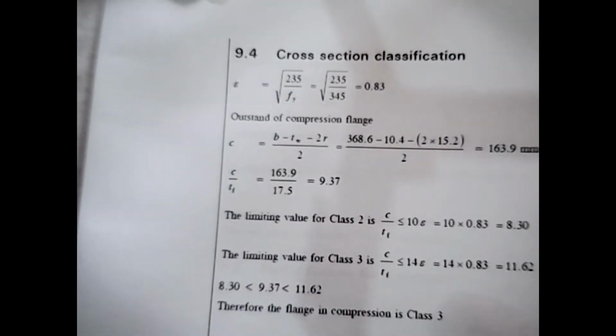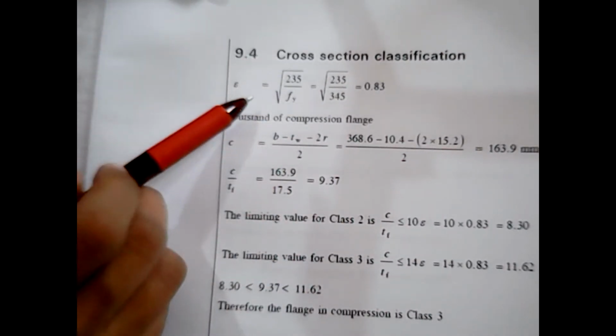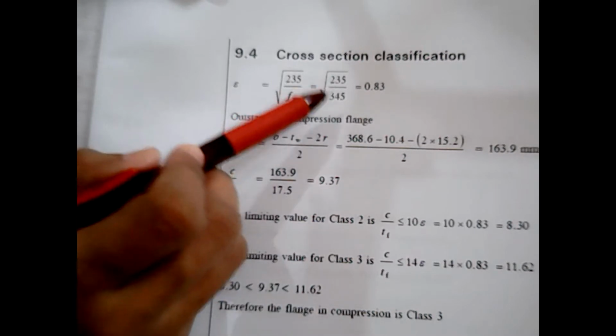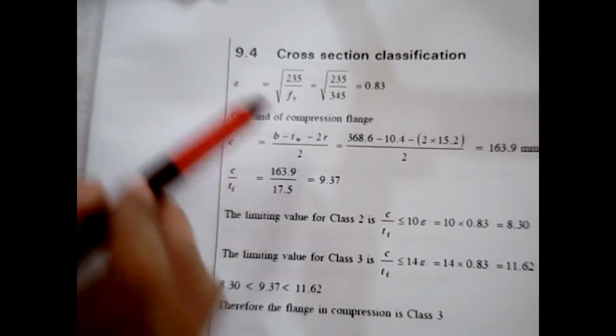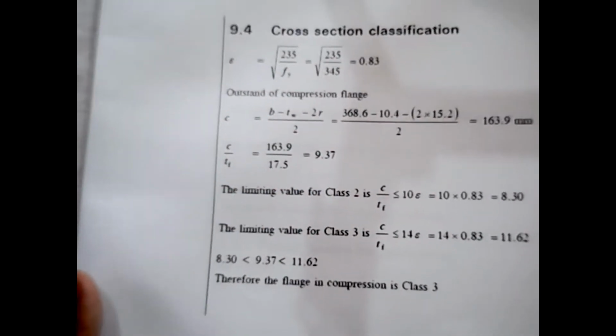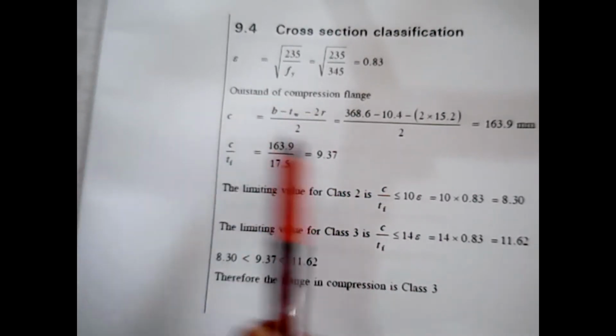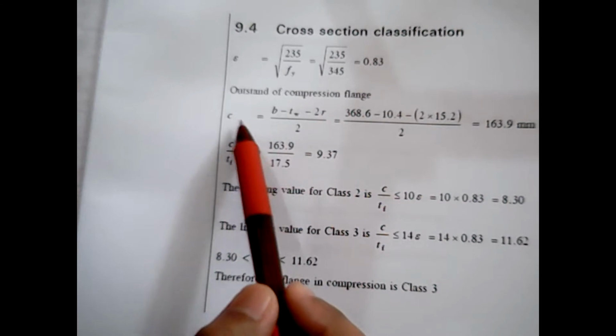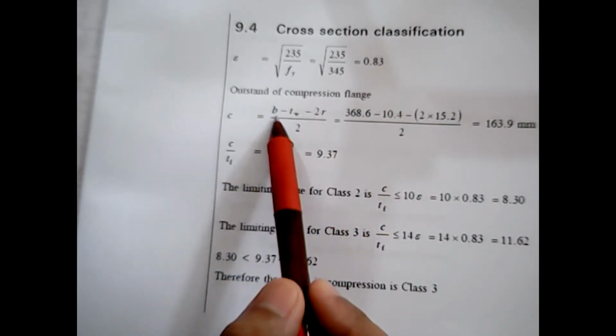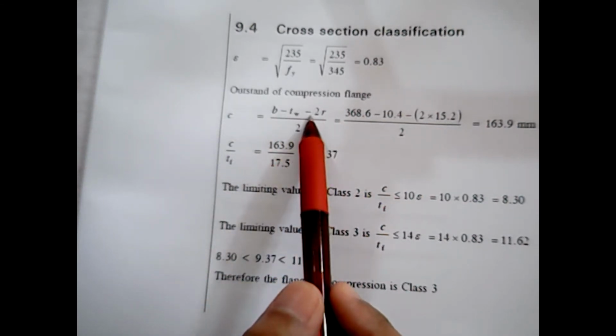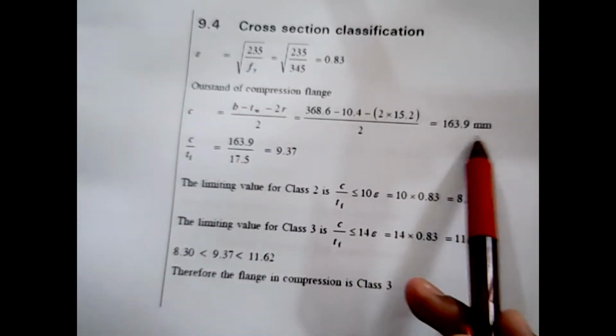Here you can see fy, which is 345. Then you can refer to the outstand of the compression flange, where c is (b minus tw minus 2r) over 2, and you finally get 163.9.